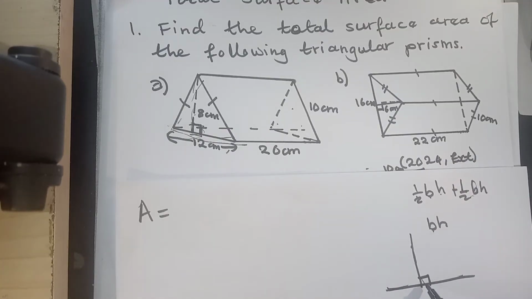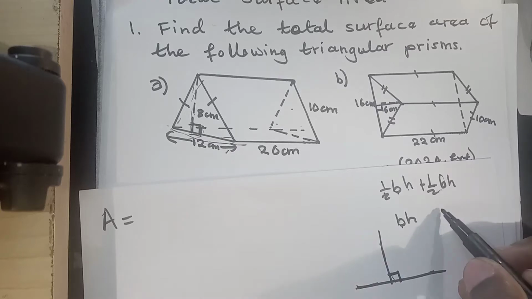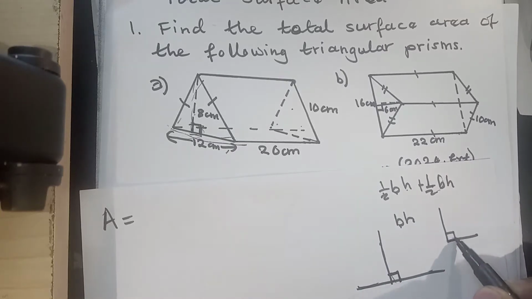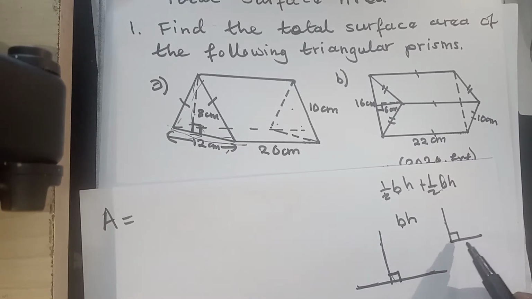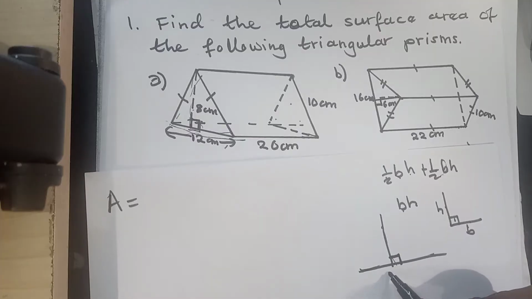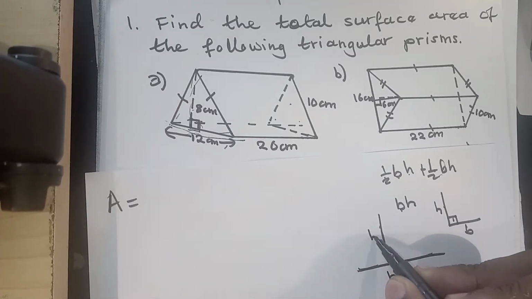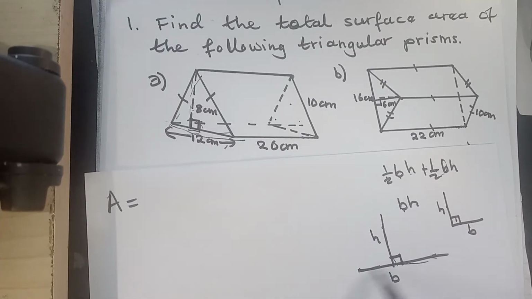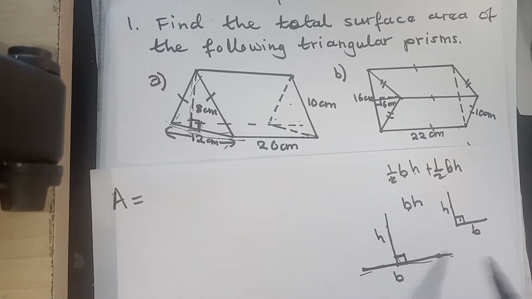So if this is perpendicular to this, we normally put a small square like this. Then in a case like this, if these two are perpendicular to each other, then we put a small square like this. And this will be your B, this one will be your H. In this case, this will be your B, and then this one will be your H. By the way, I'm talking about this entire part here.